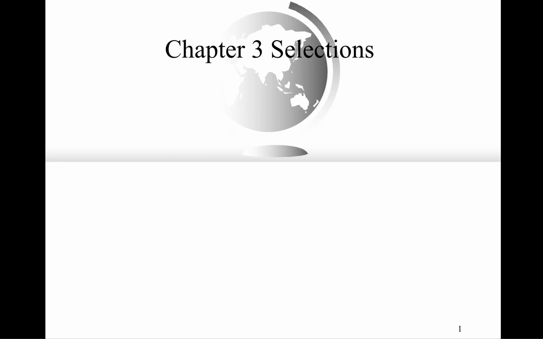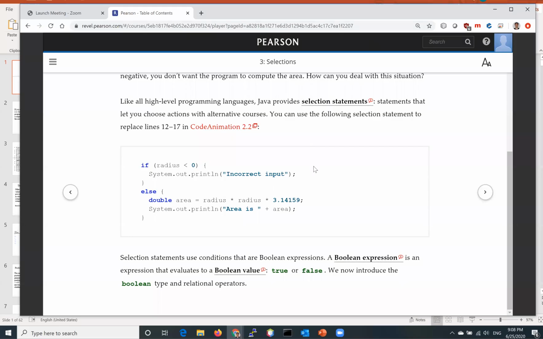You can handle this situation using a selection statement. For example, you can write a selection statement like this: if radius is less than 0, display incorrect input, else compute the area and display the area.